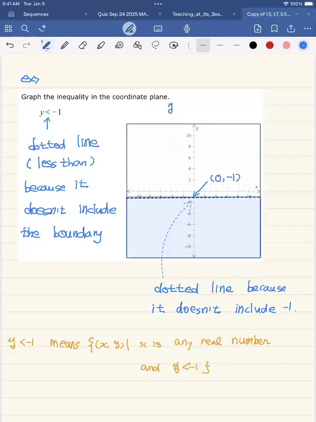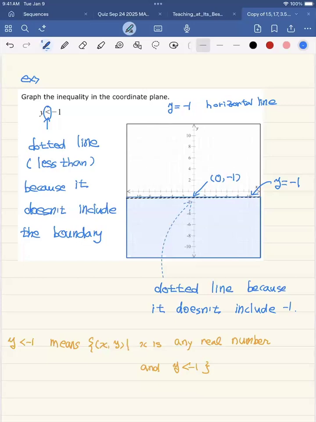When we think about y equals negative 1, that's a horizontal line. And this is that horizontal line. This is y equals negative 1. When we look at the inequality sign, it doesn't include the equality sign.